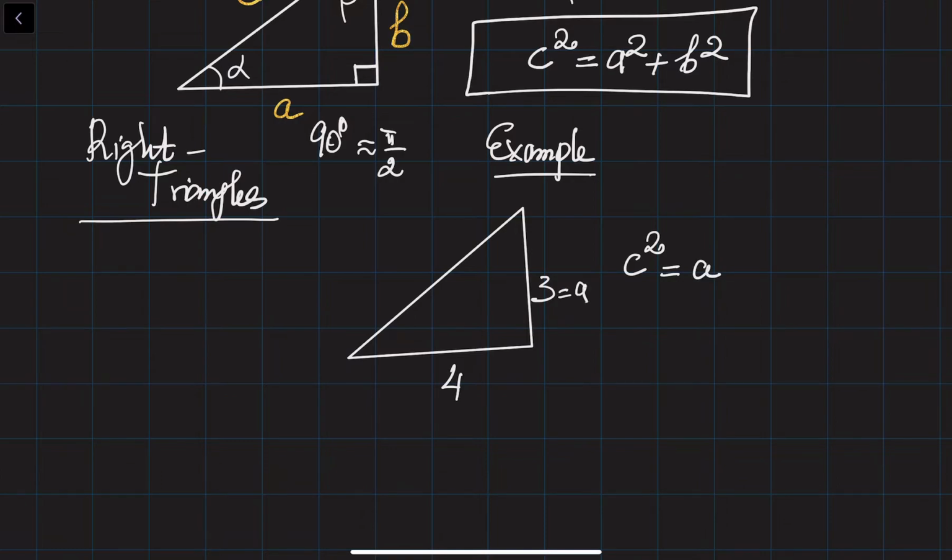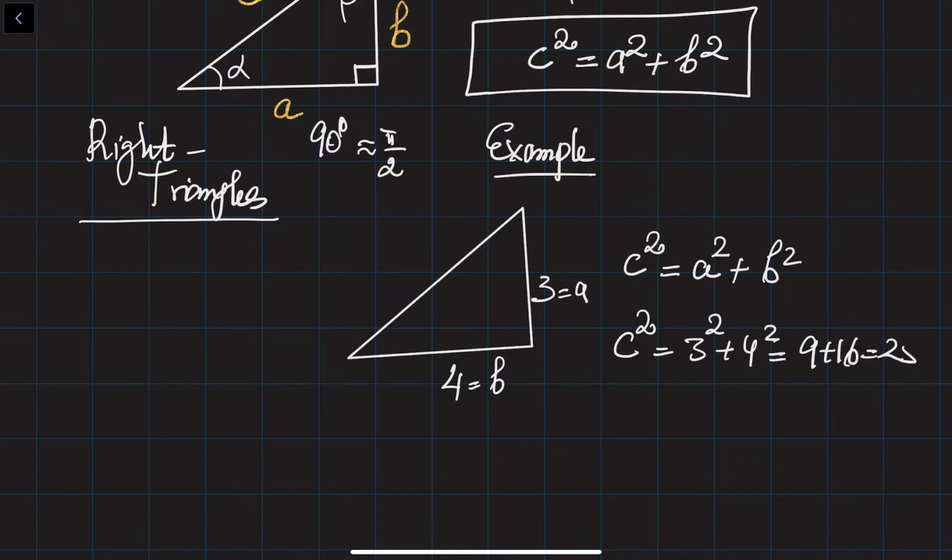Let's say a is equal to 3 and b is equal to 4. If I substitute this here, c squared is going to be 3 squared plus 4 squared, which is 9 plus 16, which is 25. And if you find c, it's going to be equal to 5, since we need to take the positive root, because the length of a side of a triangle cannot be negative. We are going to denote this side as c.